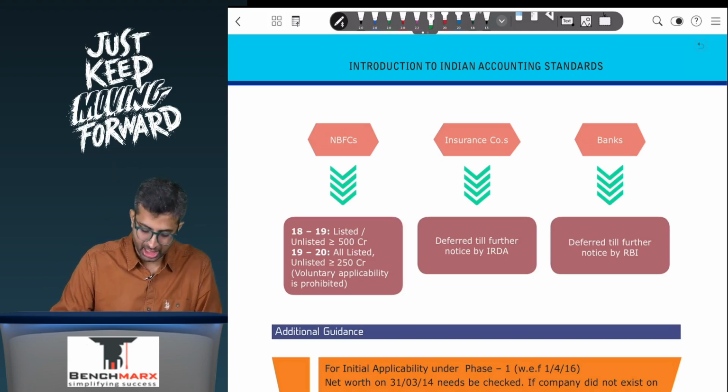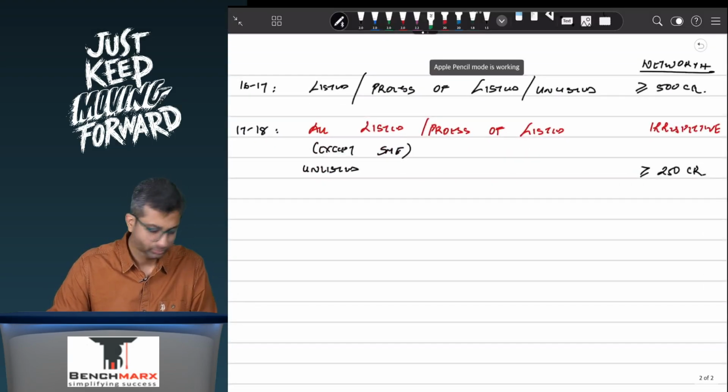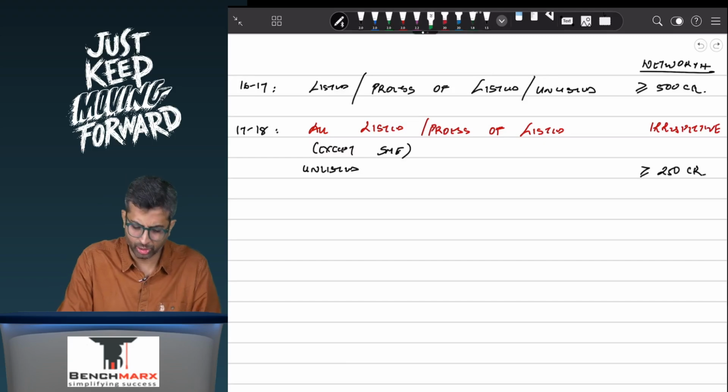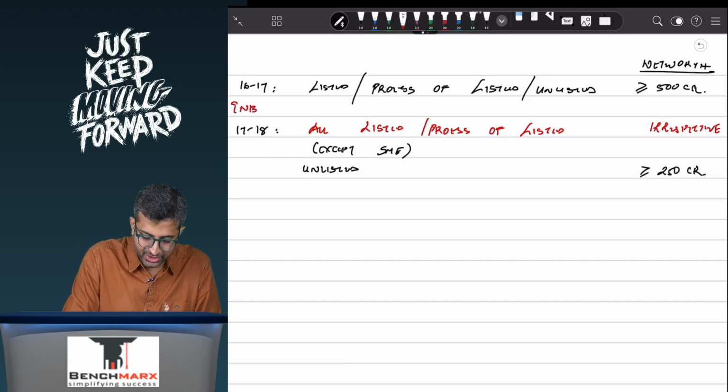For regular companies, we said that Ind AS applies to those listed or in the process of listing with net worth greater than or equal to 500 crores. This was from 16-17. For NBFCs, the same limit was from the year 18-19.